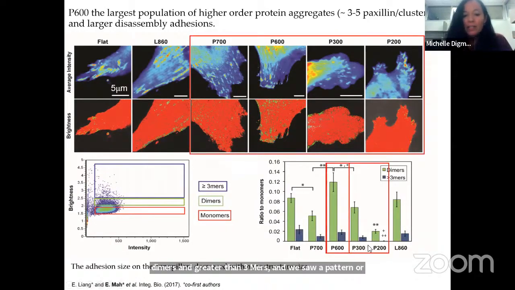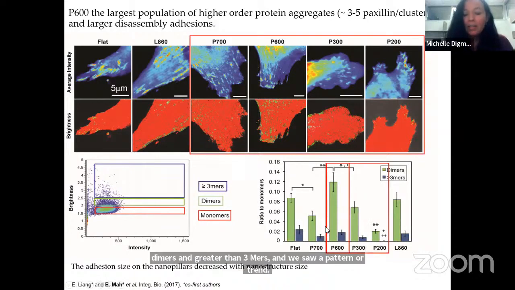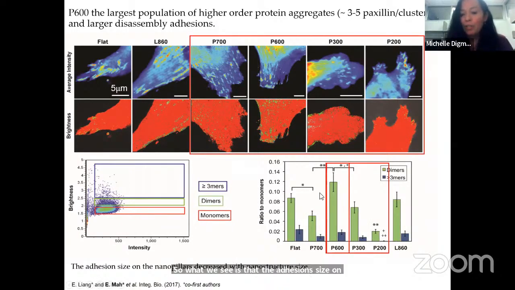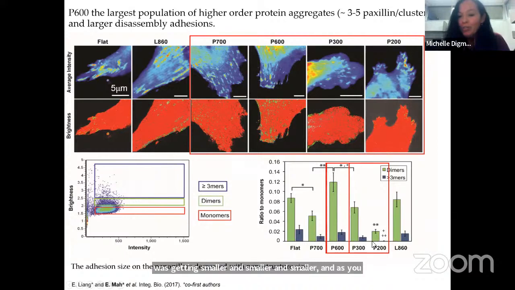What we see is that the adhesion size on the nanopillars decreases with the nanostructure size, and the ratio to monomers in terms of the dimer population decreased as the posts were getting smaller and smaller. The percent population of dimers was getting smaller and smaller. And as you could see here, the population of greater than 3-mers also got smaller to the point where they were barely detectable in the P200.